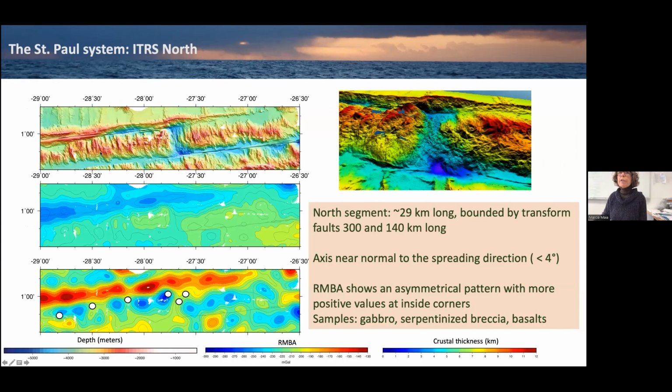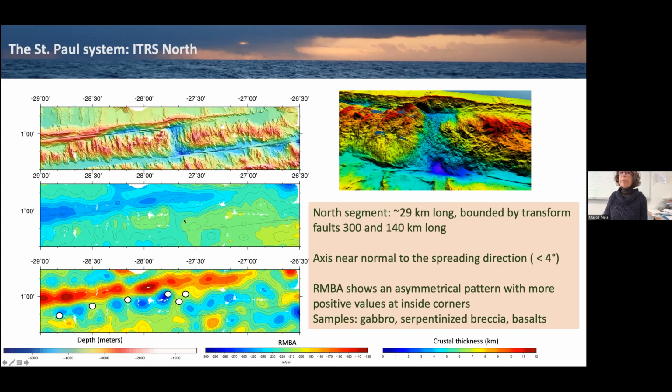So the intra-transform segment north, accordingly, is a quite volcanic segment. We see here these abyssal hills. It's a typical small Mars segment with this symmetry in the residual mantle Bouguer anomaly, which translates in terms of crustal structure.